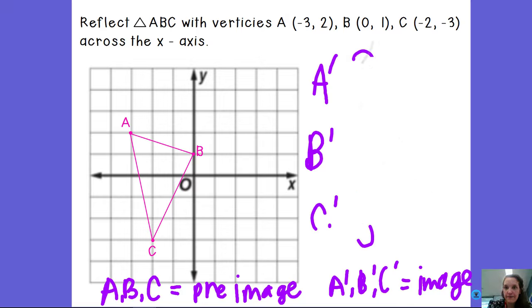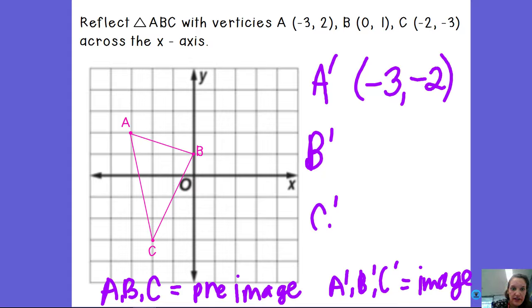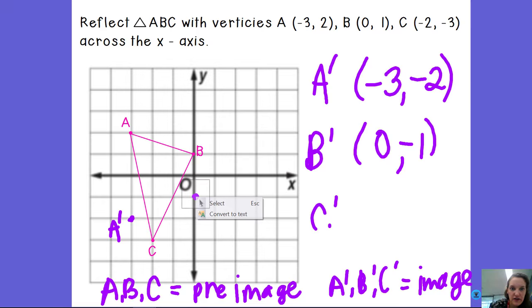Okay, so if I'm going to reflect these 3 points across the x-axis, I'm just going to multiply their y coordinates by -1. So A prime would become -3, -2, which is going to be right here. So it just jumped across the x-axis. B prime is going to be 0, -1.